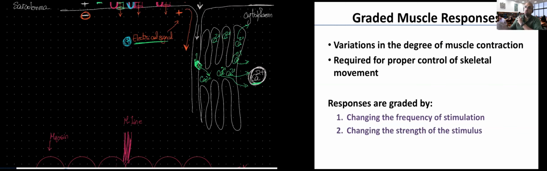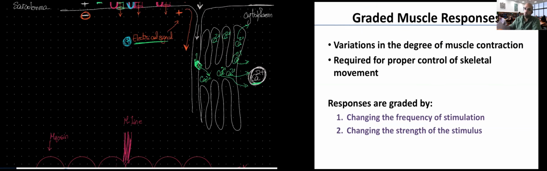I don't need to recruit all the muscle fibers within my biceps to perform a maximum contraction, compared to if I'm holding something really heavy, where I will need many more fibers to contract. So you have in your skeletal muscles what we call a graded muscle contraction.